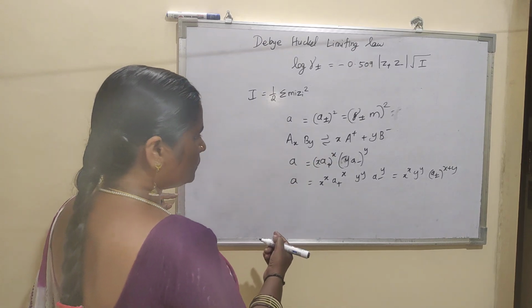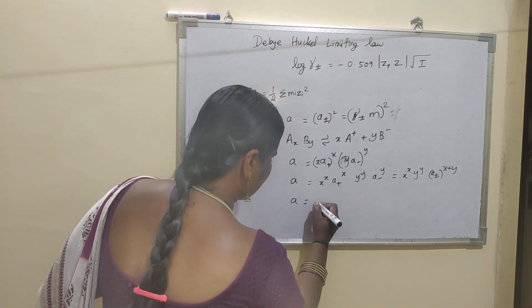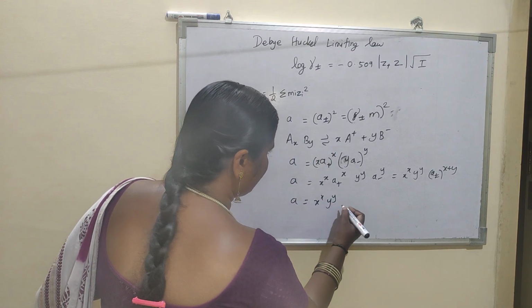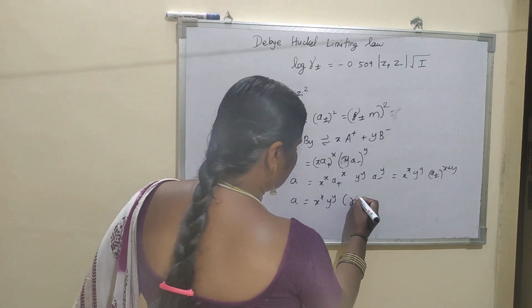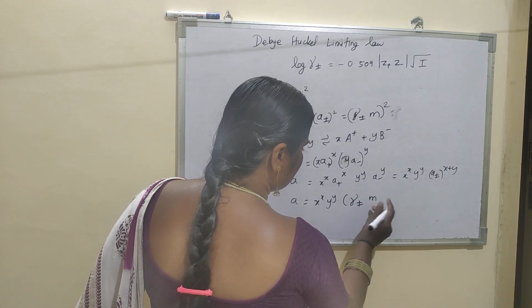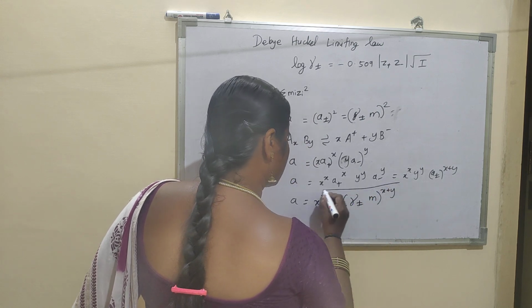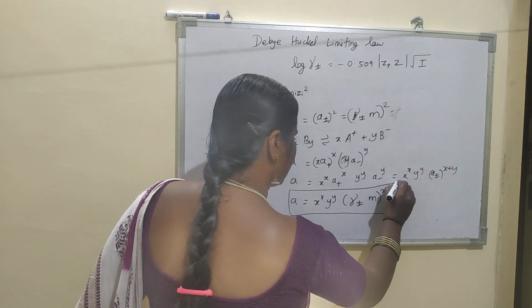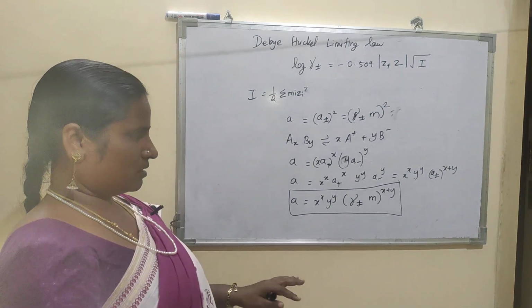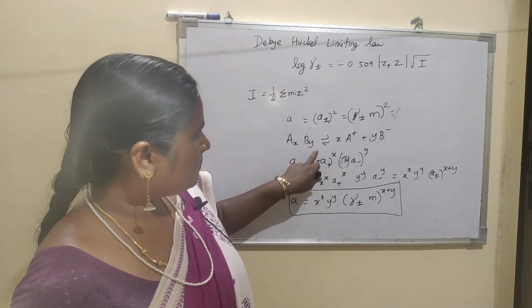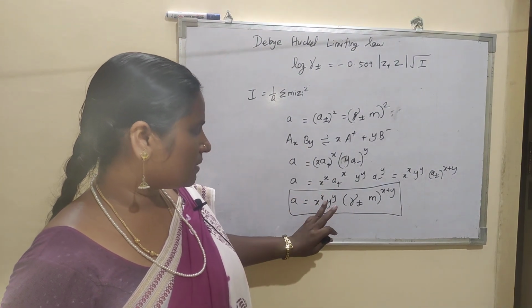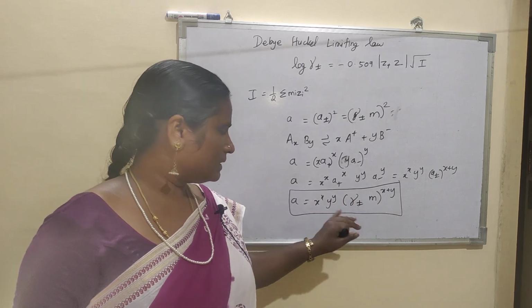So once I know that, X power X, Y power Y into A plus or minus, I know that is gamma plus or minus into m power X plus Y. So this is the generalized formula for any electrolyte. So accordingly, whatever numbers come here, you have to put them in the powers, so you can calculate the activity.